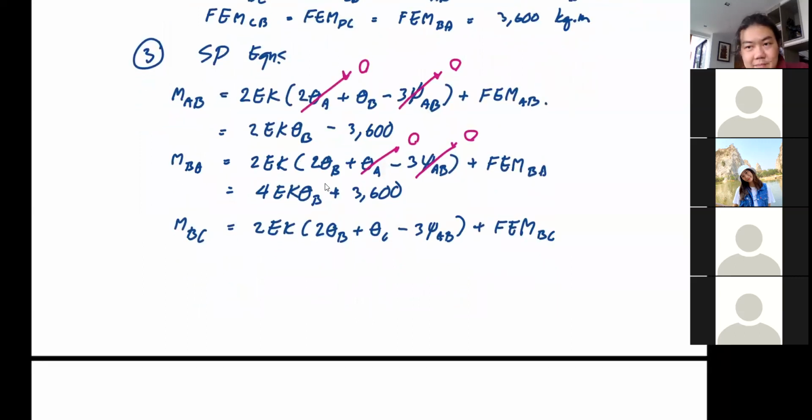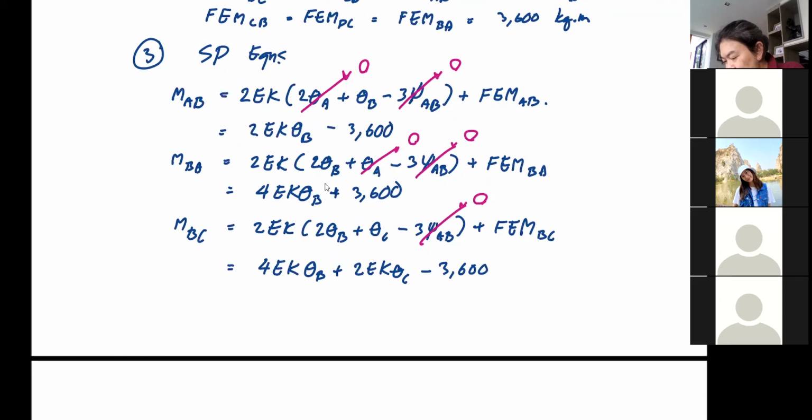Now, because neither of them is 0 except the psi term, here we have 4EK zeta B plus 2EK zeta C minus 3600. Okay. Notice that if you can take advantage of symmetry, your work probably ends here. But let me show you the full process.